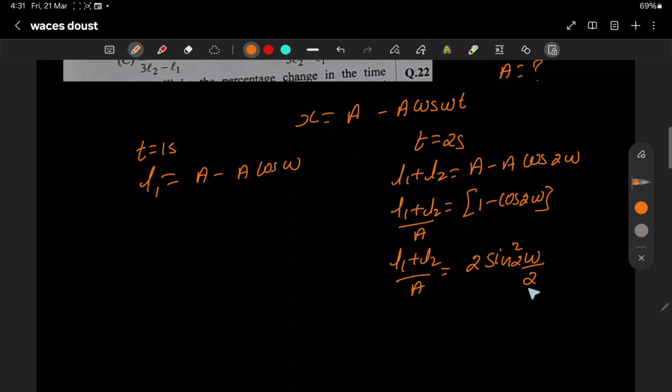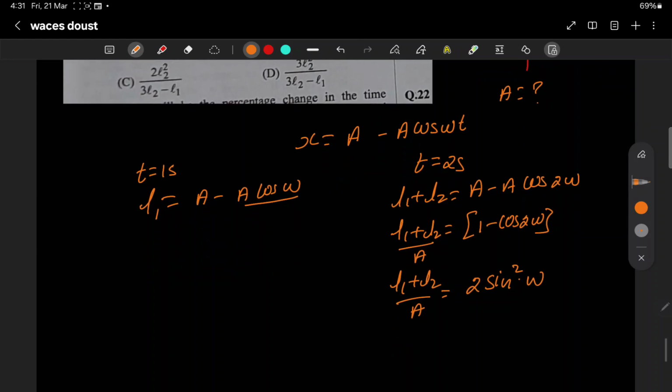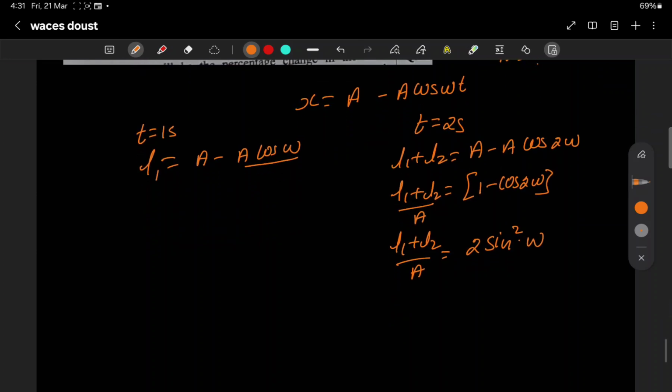So 2 omega by 2, you will get only omega. So 2 sin square omega. So with this can we try something? Because here I have cos omega, and in the options there is no cos or sin at all. So here this also we can rewrite as L1 plus L2 by 2A, which is nothing but sin square omega.